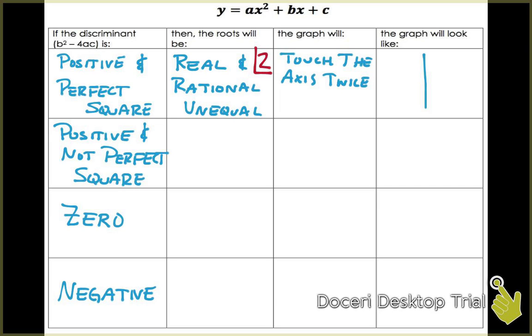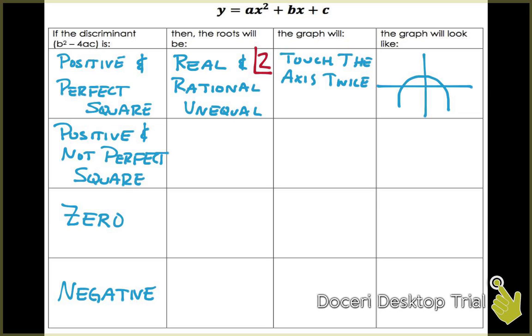And it's going to look something like this. So your graph is either going to go up or down, but either way it's going to go through the axis twice. So it could look like this, or it could look like this. Either way, it's a U or it's an N, but it's going to hit twice.